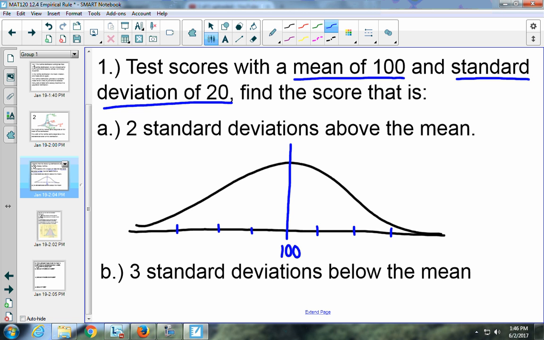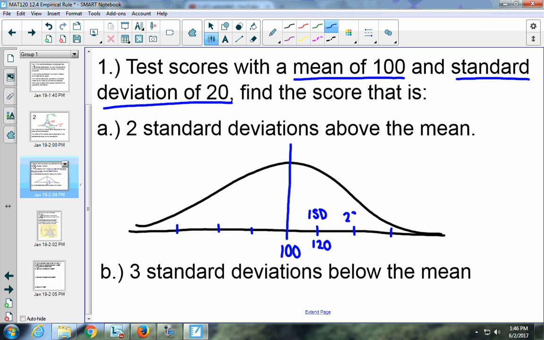If I start at the mean 100 and want standard deviations above the mean, I am going to add 20 to the mean for each step. So this first one is 100 plus 20, or 120. And that's 1 standard deviation above the mean.